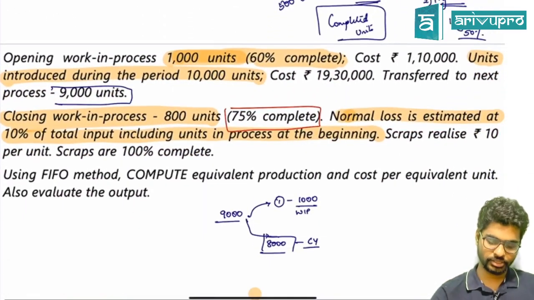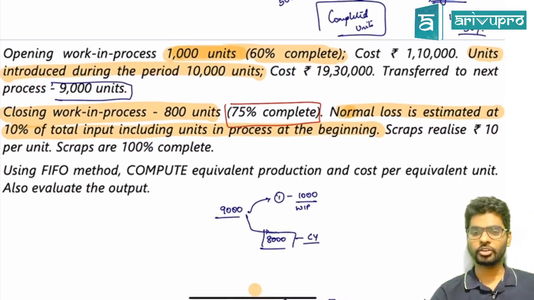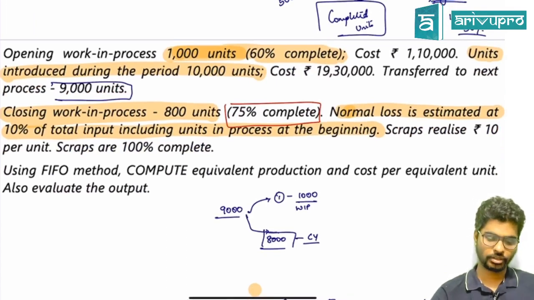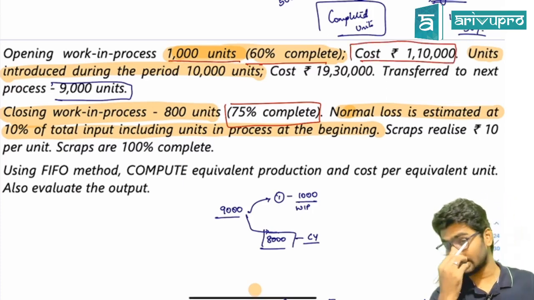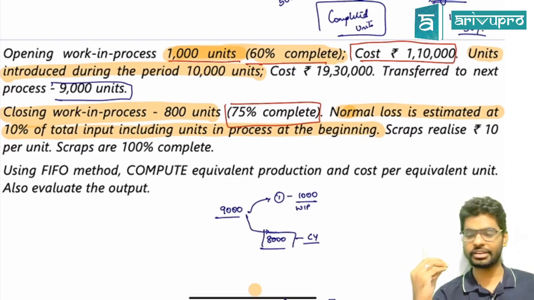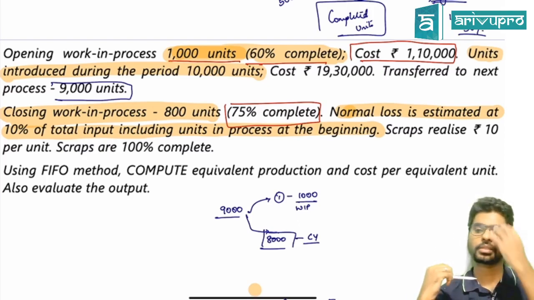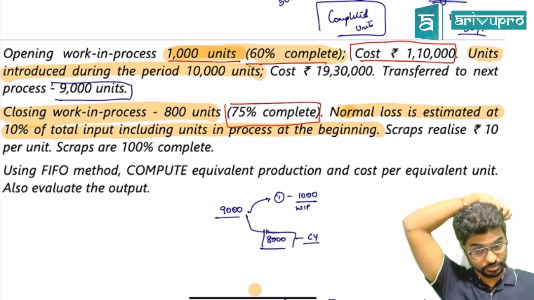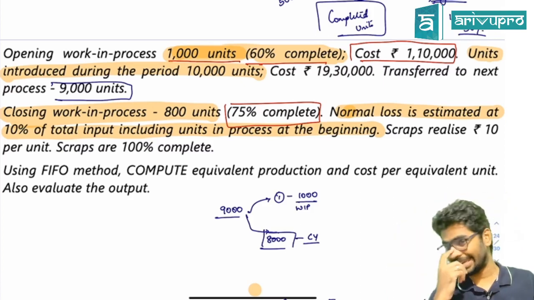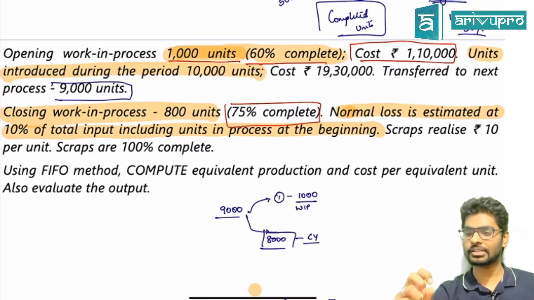Now everyone, see here, I want you to read the question carefully. The opening work in progress 1000 units, 60% completed, cost is 1,10,000. What do you infer from this? Can I say that opening 60% completion cost me 1,10,000?